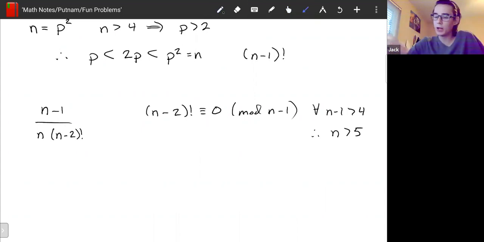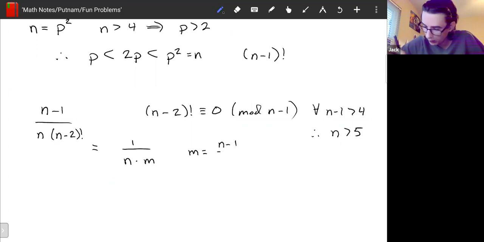That immediately implies that this n minus 2 factorial is divisible by n minus 1. So if we just put this fraction into reduced terms, it's going to come out to be something of 1 over n times some number, let's call it m, where m equals n minus 1 over n minus 2 factorial.